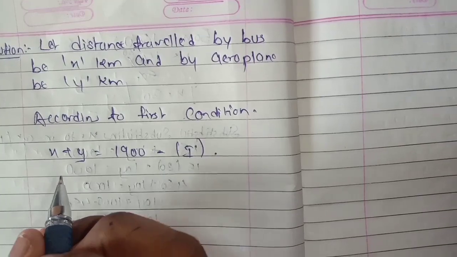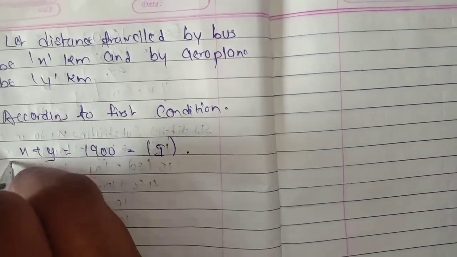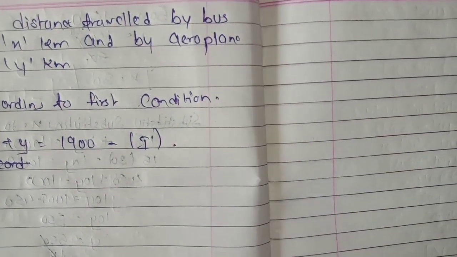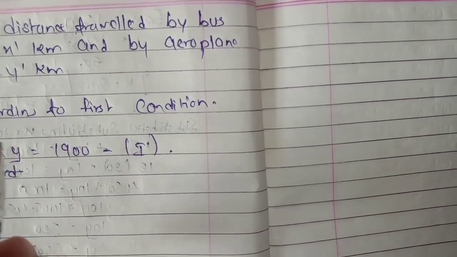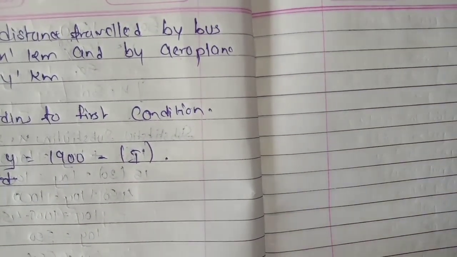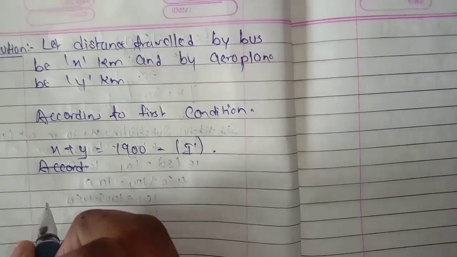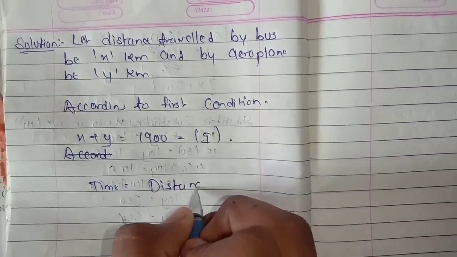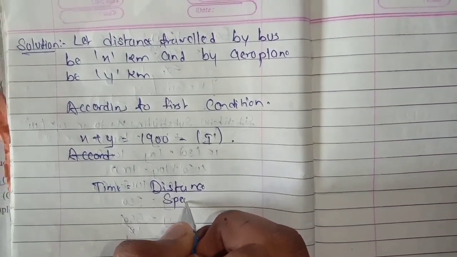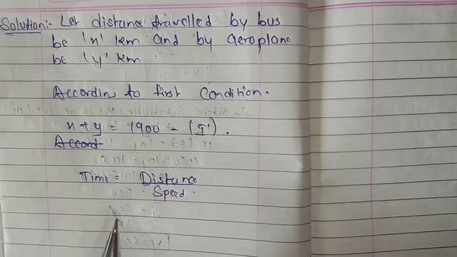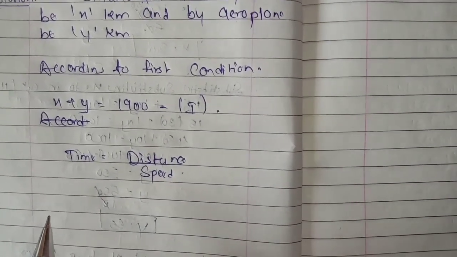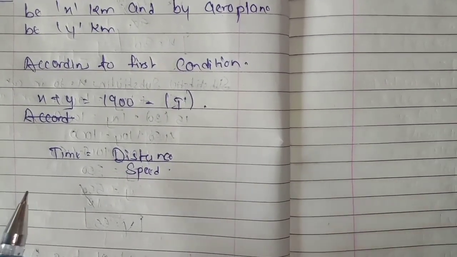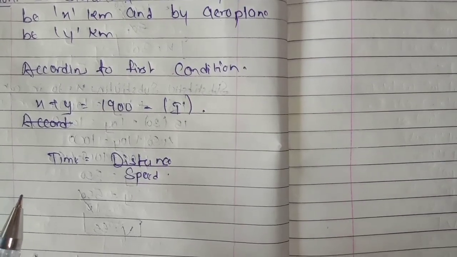According to the second condition, Vishal traveled with an average speed by bus of 60 km per hour. As we know the time formula, that is distance upon speed. So 60 kilometers per hour is the speed, and aeroplane 700 kilometers per hour is the speed, and 5 hours to complete the journey is the time.